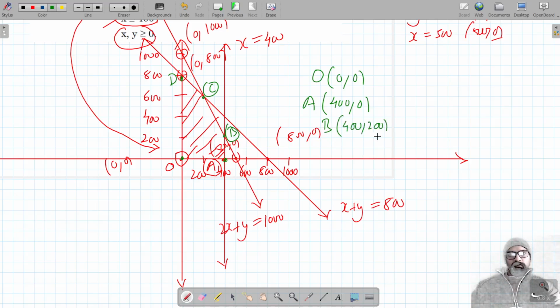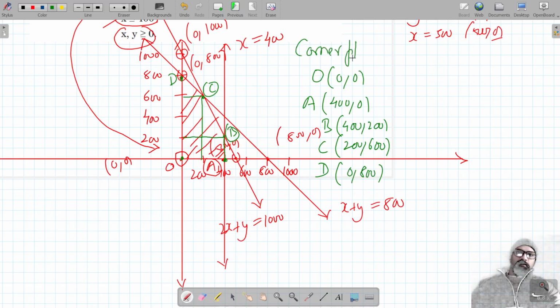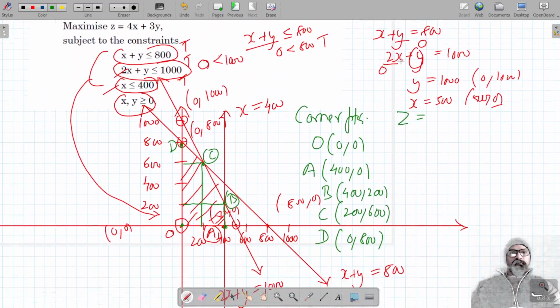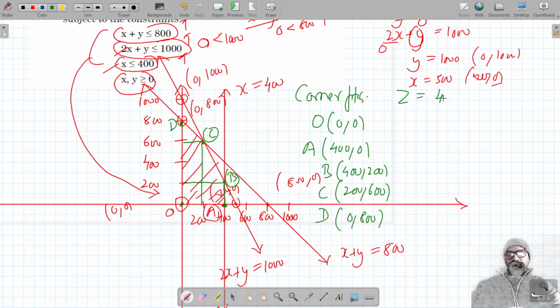And this is OAB, and then C, which is 600, 200, and then D, which is 0, comma 800. So these are our corner points, and we have to find the maximized Z for all these, which is 4x plus 3y.